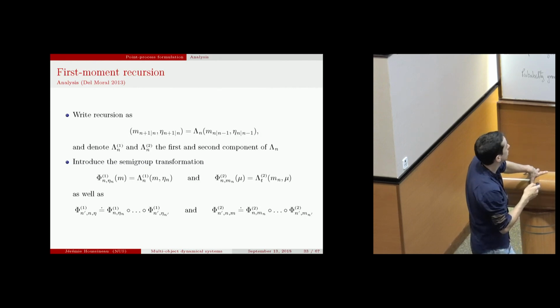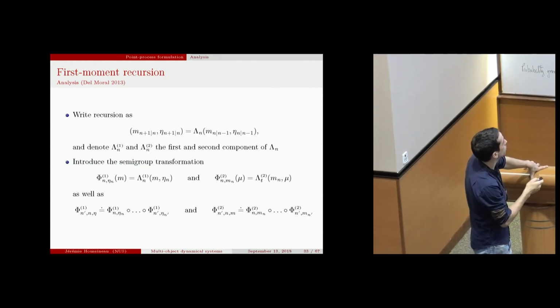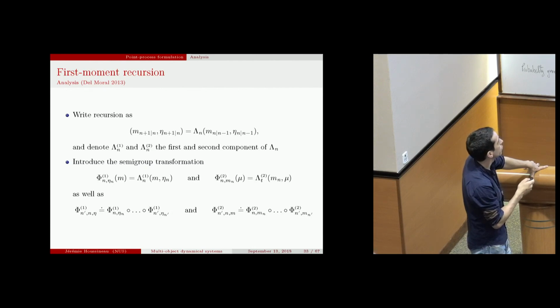As usual, we can rewrite this as a semigroup transformation, and so we actually separate them. Either we look at the evolution of the mass, or we look at the evolution of the probability measure. To do the analysis, we have to look at the composition of those operators over several time steps, although you cannot say anything.